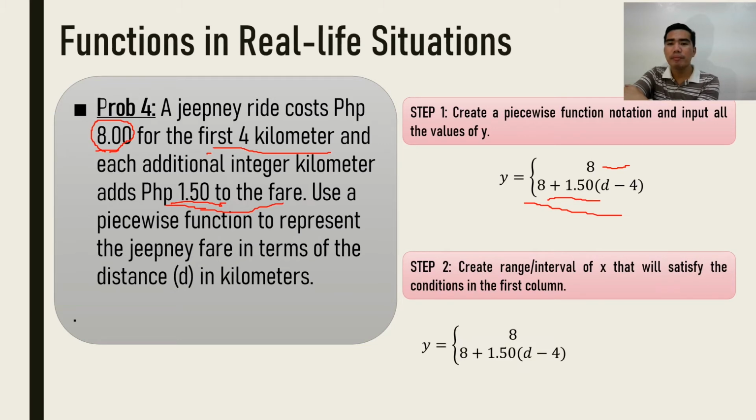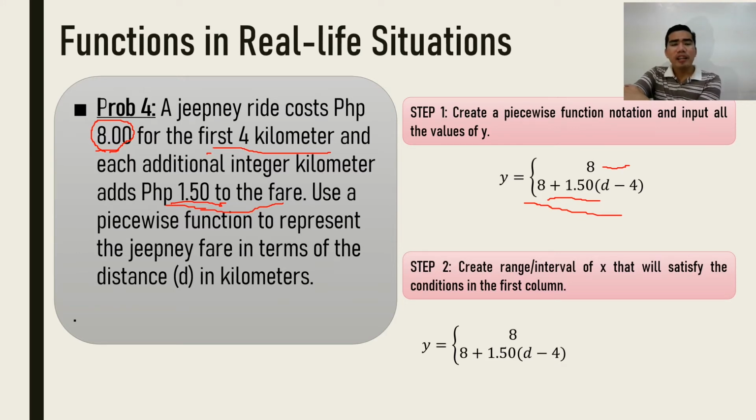Number 2, after creating this one, this is the time to make a condition. So create a range or interval of x that will satisfy the condition in the first column. Okay? Now, how to make the condition in the first equation?